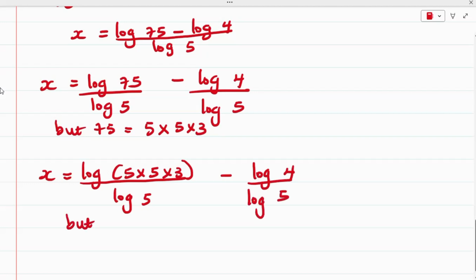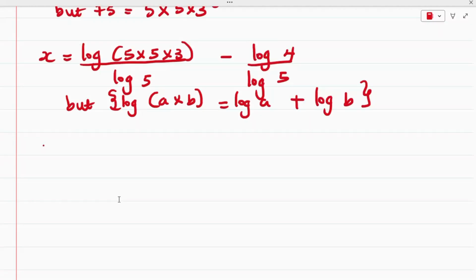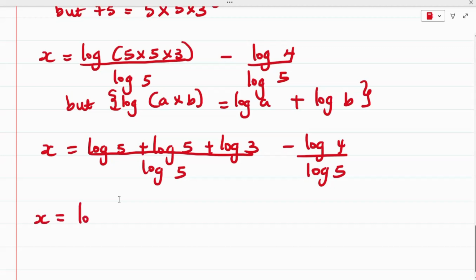But we know from the logarithm property, if we have log a multiplied by b, this is equal to log a plus log b. So applying this property, we have x is equal to log 5 plus log 5 plus log 3 divided by log 5 minus log 4 divided by log 5. So splitting the fraction, we have that x is equal to what?